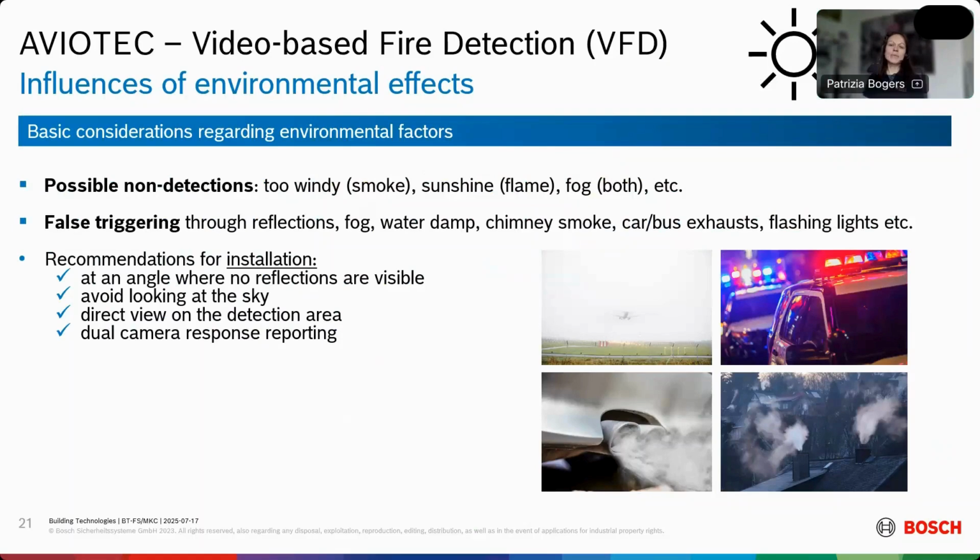For example, when it comes to solar panels, we recommend to install the camera against the panels. When you have reflecting surfaces within your installation, it's recommended to find an installation spot in order to avoid those reflections within the camera image.